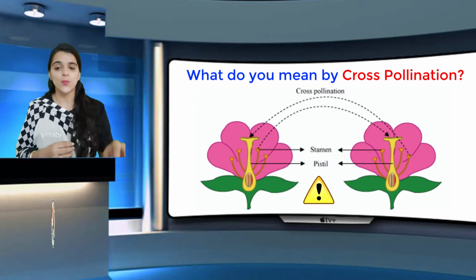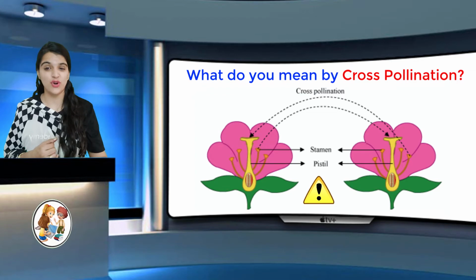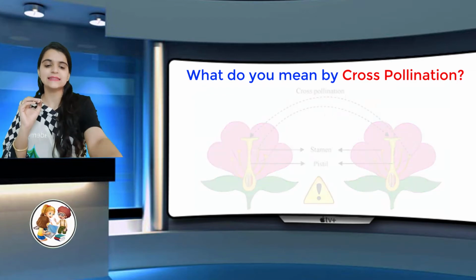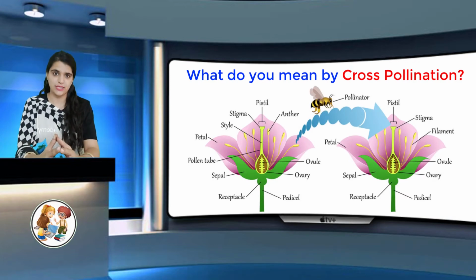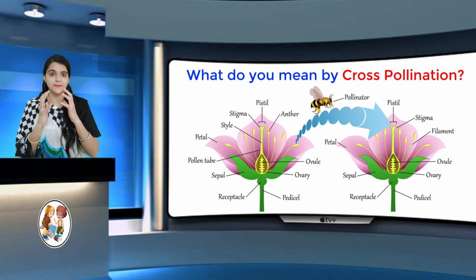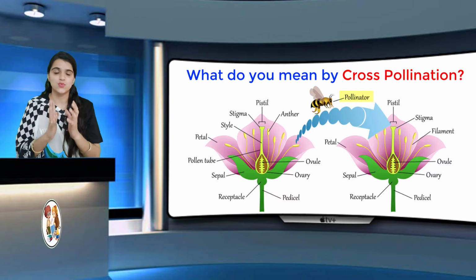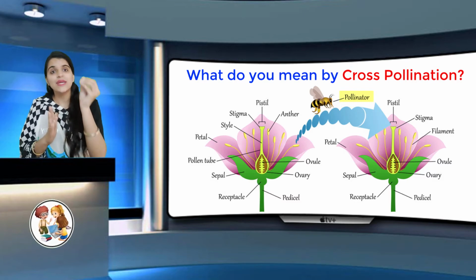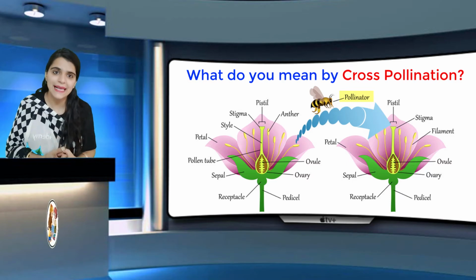Moving to the next, there are a number of types of cross-pollination we have. Students, try to understand this: what do we require in cross-pollination? In cross-pollination we need some agents, some pollinators, which help a male gamete reach the female gamete, right?